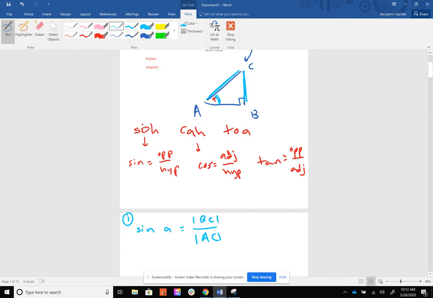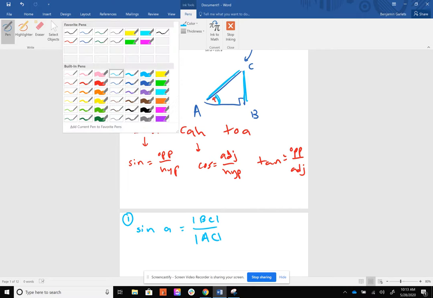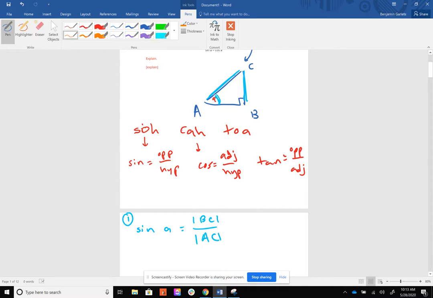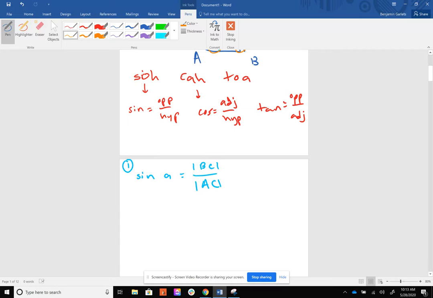Information number 2 is that I know that when I add up these angles here, let's get another angle A plus angle B plus angle C. It's a triangle, so those need to add up to 180 degrees. So let's get that piece of information down here.